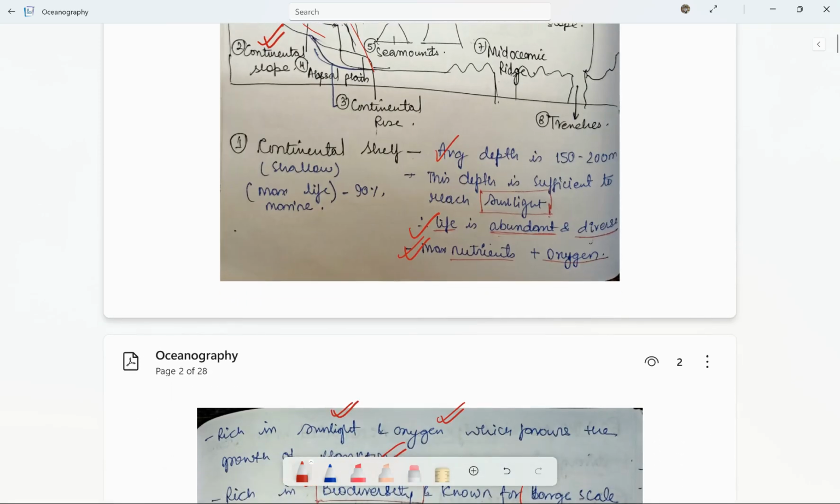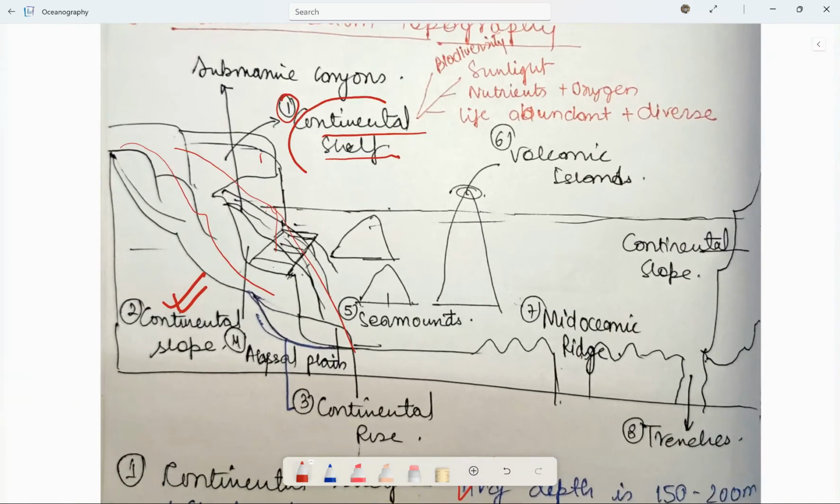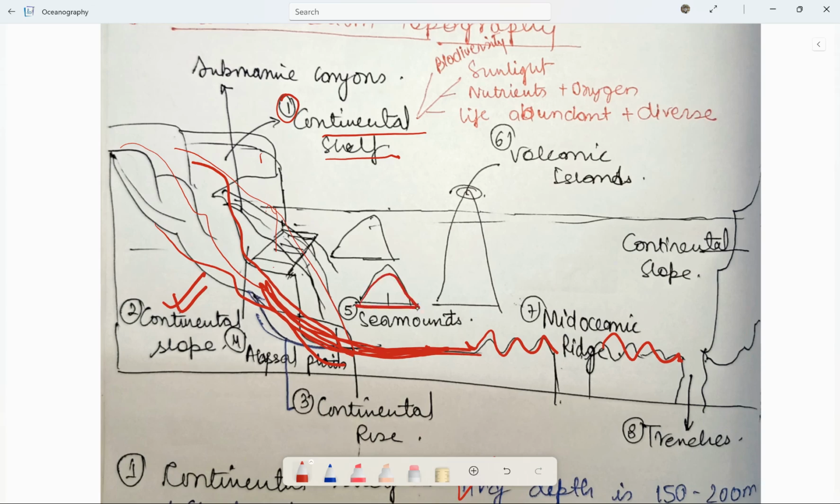So first, the continental shelf. If you can see from the diagram, this is the continental shelf. These are continental slopes. This is the continental rise. This is the abyssal plains. These are mid-oceanic ridges. These are seamounts.